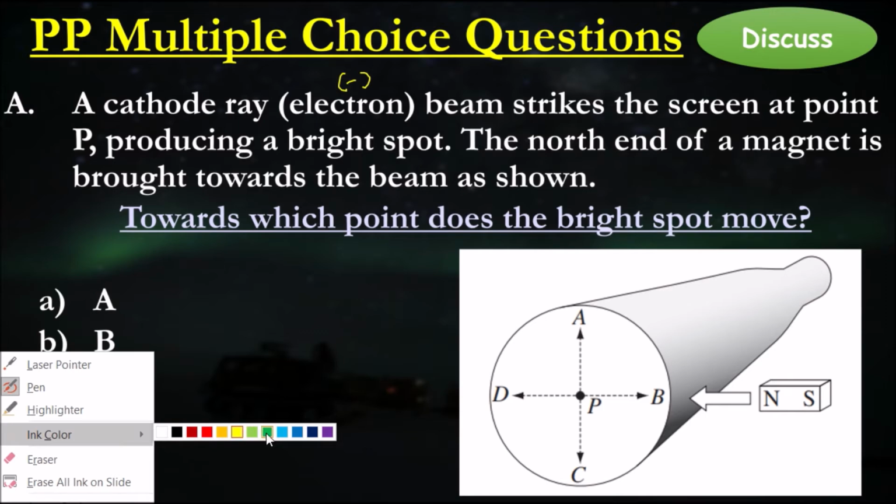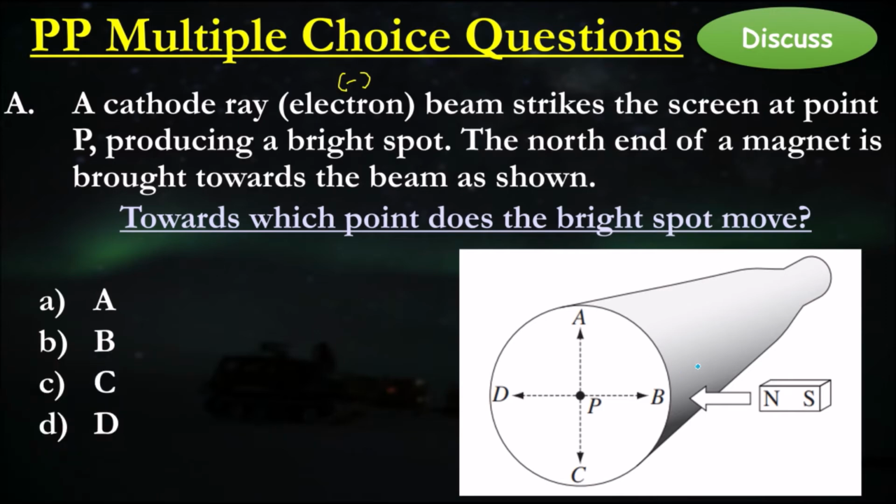So before I go into this question, why don't we try and draw out the magnetic fields? So it's going from north to south. So our magnetic field kind of looks like this. So if it's going from north, it's coming out of the page or towards the left-hand side like this.